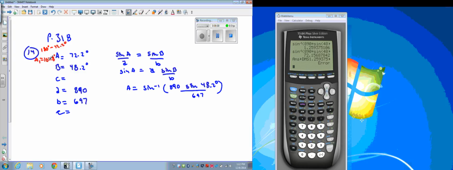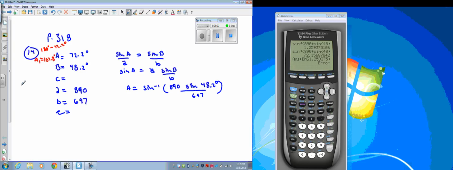So this is the possibility, and now we would have to say that 107.8 plus this, is there an angle here that would sum there?